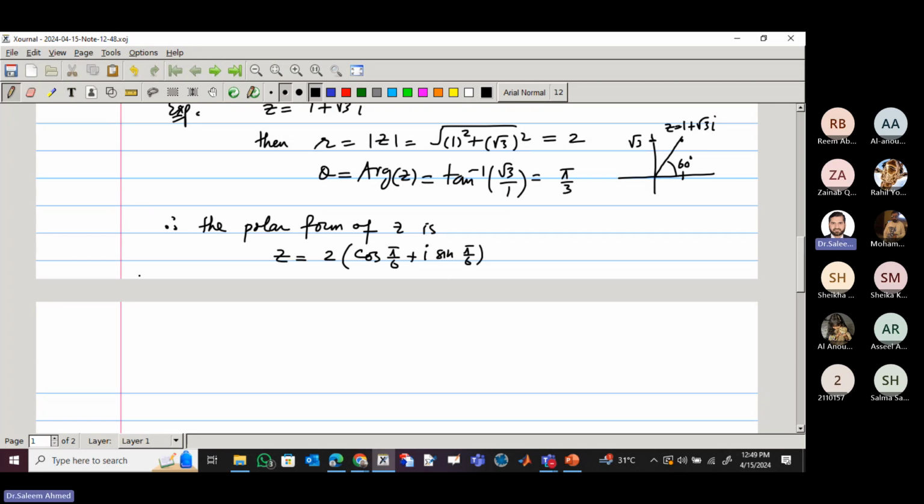There is another thing which can be used to find the powers, which is called De Moivre's theorem.